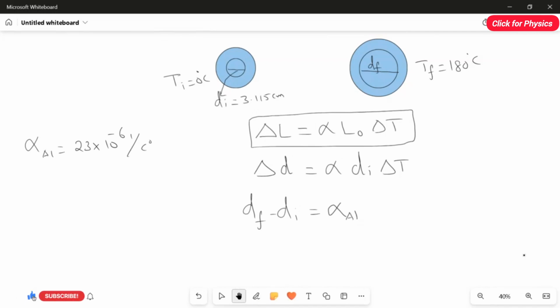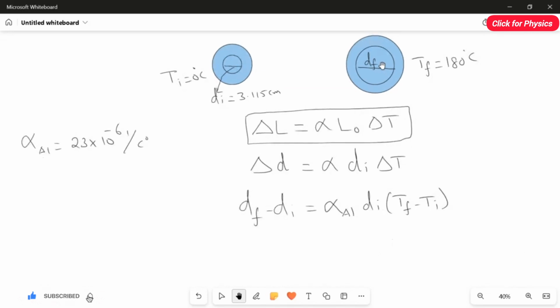For every change in temperature, this is the expansion for aluminum. And here di multiplied by delta T. What is delta T? Tf minus Ti.